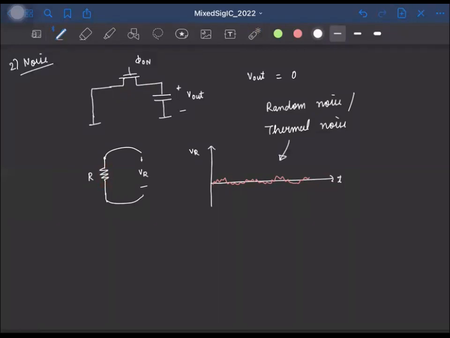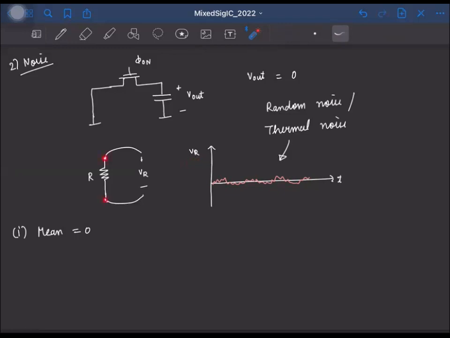And it turns out that this thermal noise is a stationary random noise. And to characterize it, we need the statistical properties, which are the mean and the autocorrelation. And the mean of this noise is 0. This should not be surprising, because if the mean of this voltage noise is indeed non-zero, what does it mean?